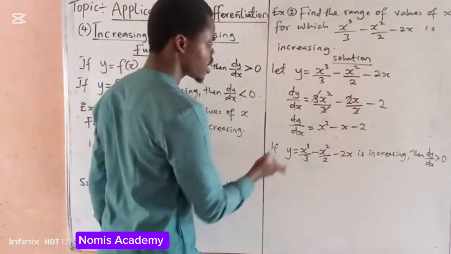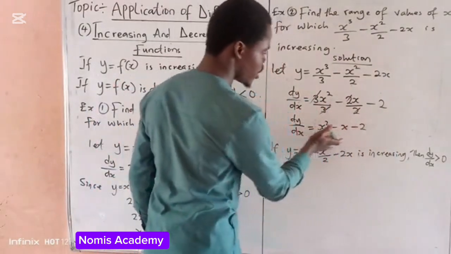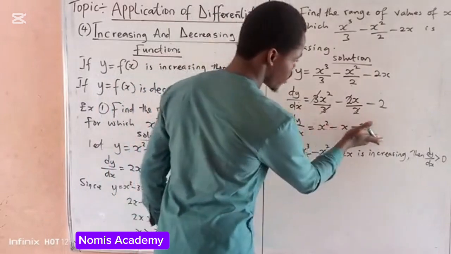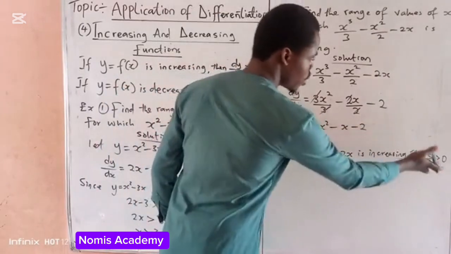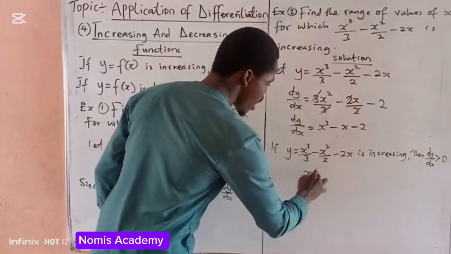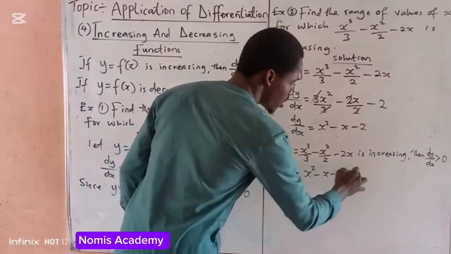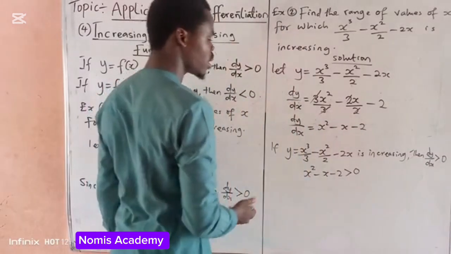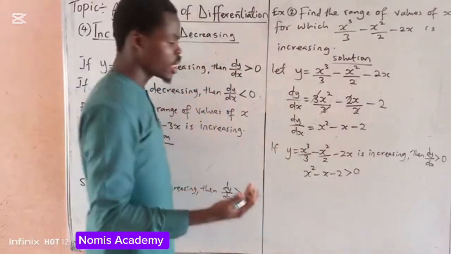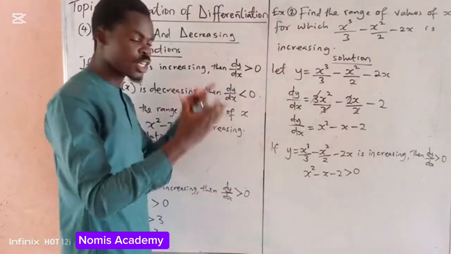So that will be x squared minus x minus 2 greater than 0. So I'm going to find the point at which the function is increasing.